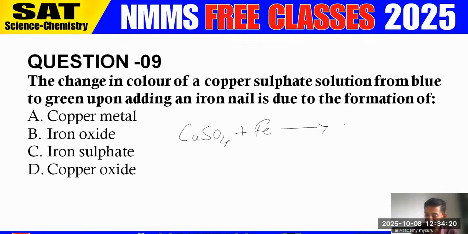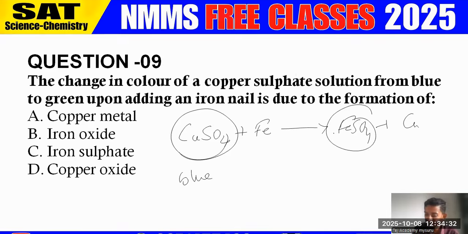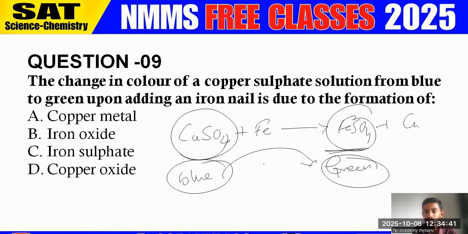That will convert into FeSO4, ferrous sulfate or iron sulfate, along with copper. The copper sulfate, initially blue, will turn green due to the formation of ferrous sulfate, or iron sulfate. I think this question is clear for all of you.